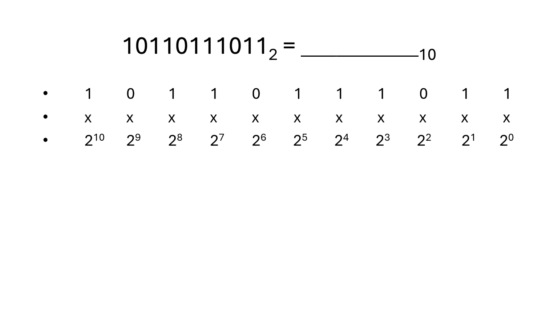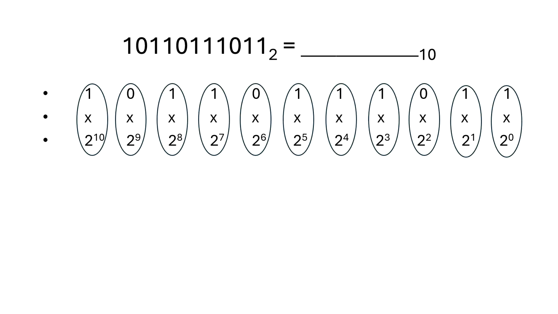So split them up and group them together. We have these right here, and of course we line up each digit with the base and the exponent, and of course we group them in circles.